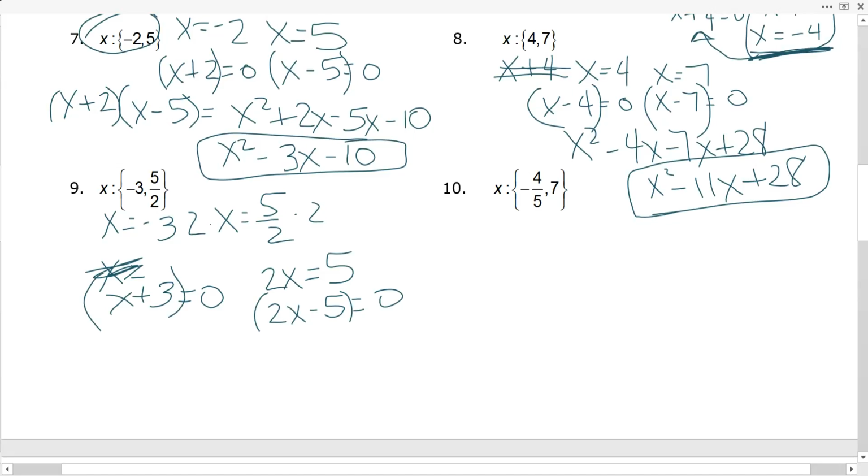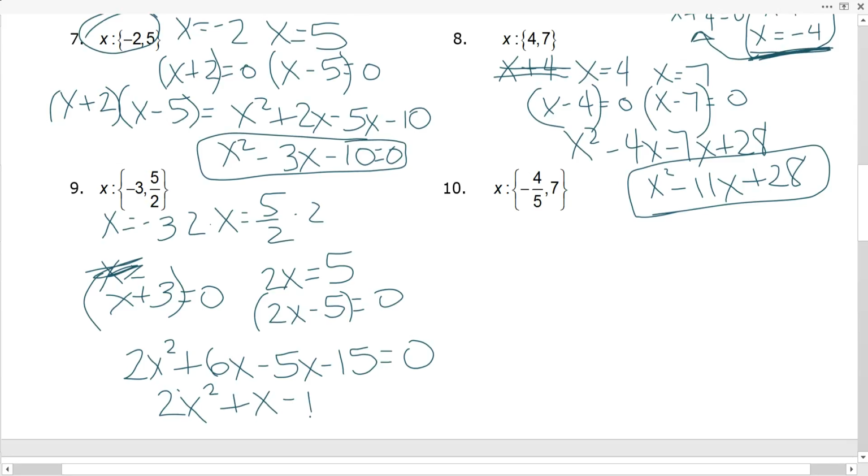I'm going to multiply these two guys together. 2x squared plus 6x minus 5x minus 15 equals 0. And notice I keep forgetting to put these equal to 0, but same thing. 2x squared plus x minus 15 equals 0.